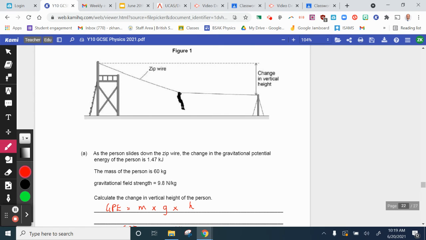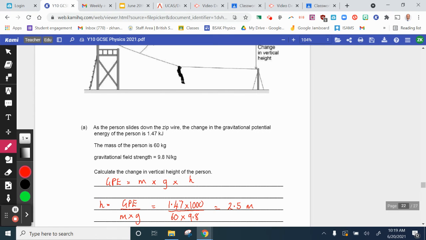To do that, we need to use the GPE formula. Gravitational potential energy is equal to mass times gravitational field strength times the change in height. In the question, we want to work out the change in vertical height. So I've rearranged the formula to get h equals GPE over mass times gravitational field strength.